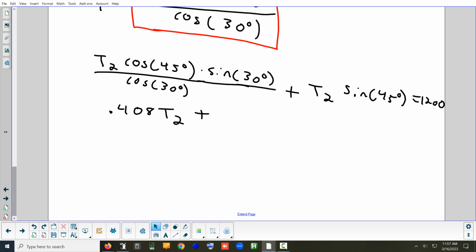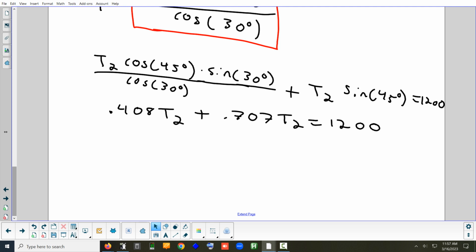What's that as a decimal? Yeah, 0.707. That looks like it. It's 0.707 T2 equals 1200.